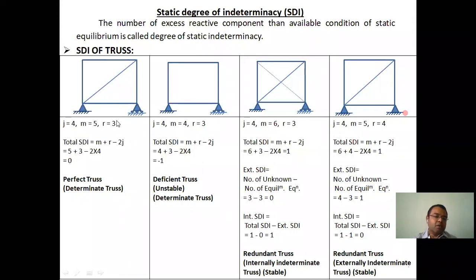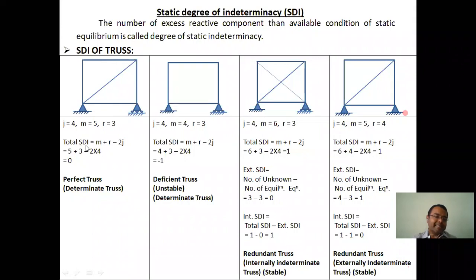R is nothing but the total number of unknowns, so R comes out to be 3. Now the formula for total SDI is M plus R minus 2G. Just put all these values in this formula. So the answer we are getting is 0.